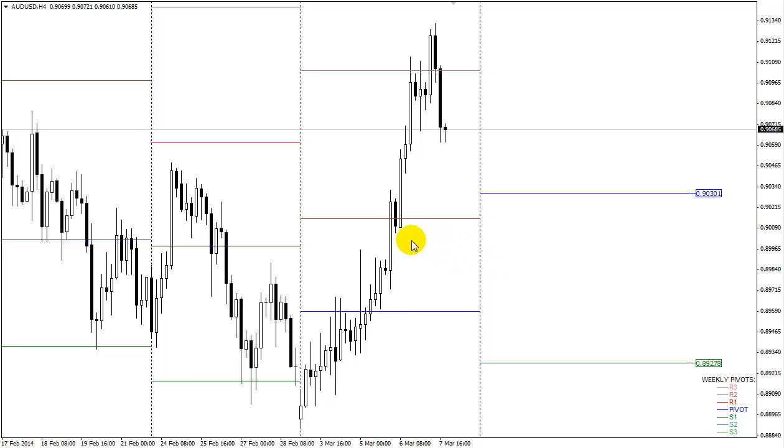And by this breakout of the resistance one of the week, the market is showing us some bullish potential. It shows that this can be not just a retracement, but the start of a real uptrend.